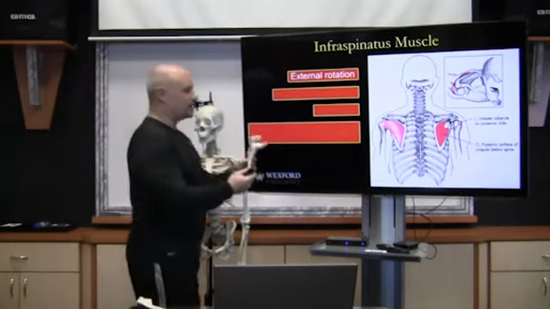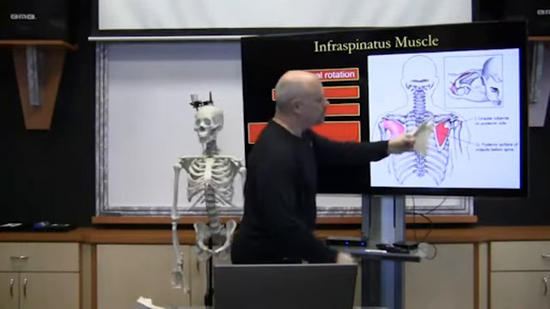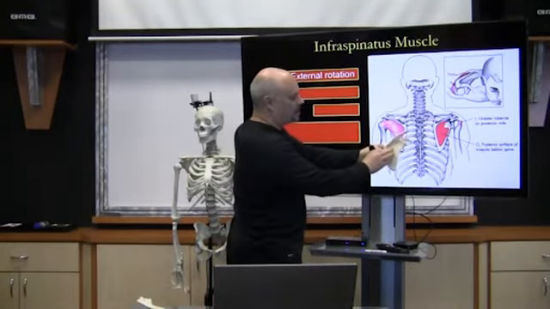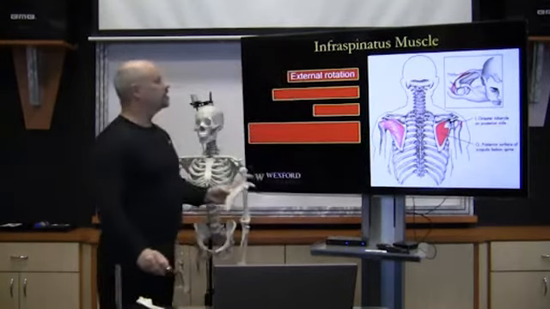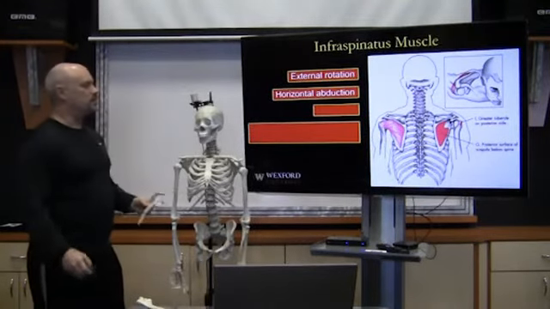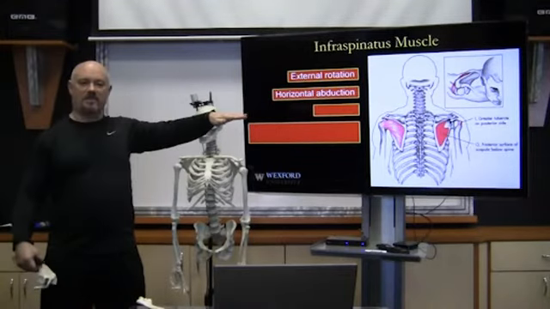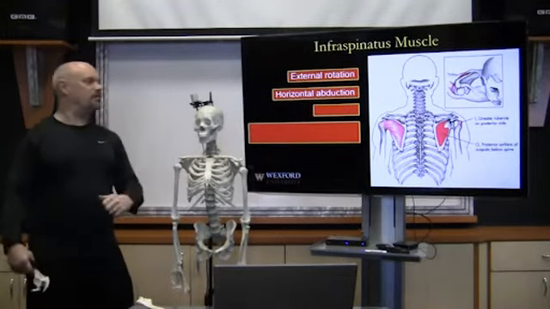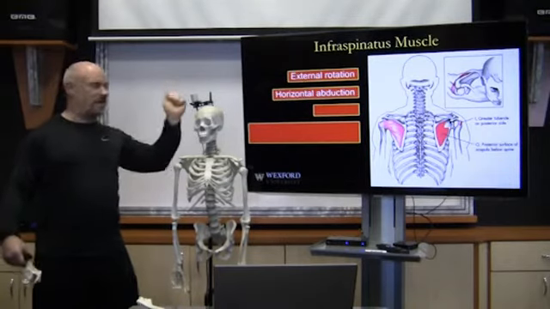It's on the back side, the back side of the scapula. Causes horizontal abduction. External rotation helps in horizontal abduction and external rotation.